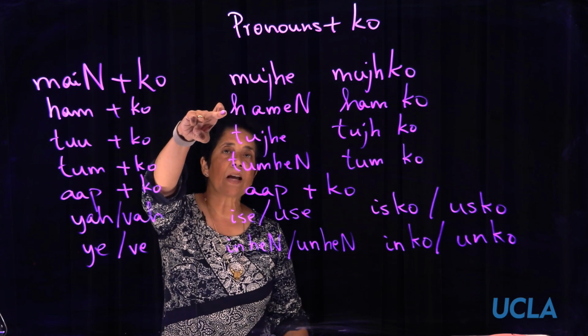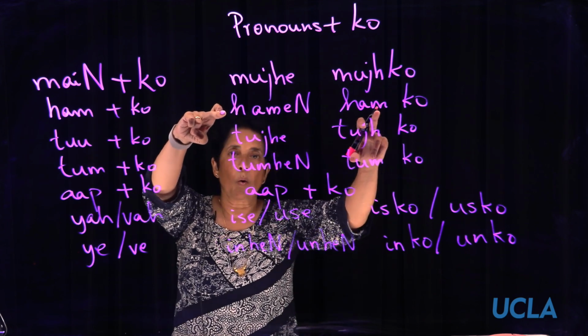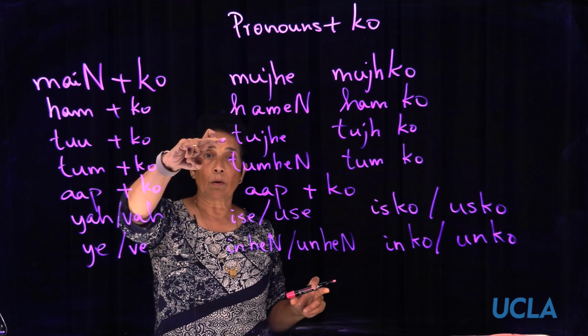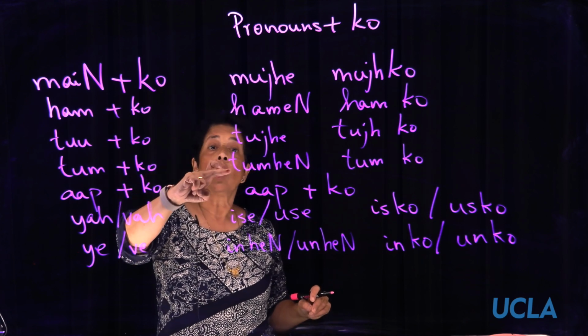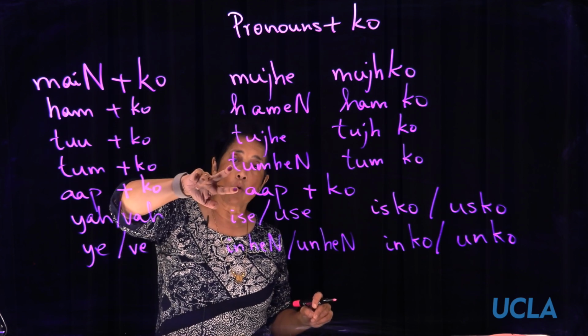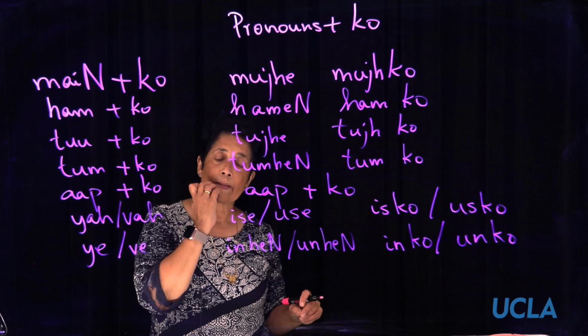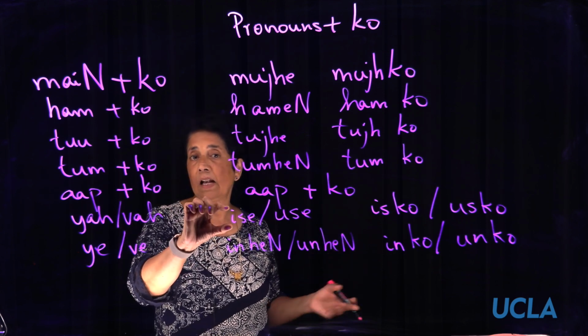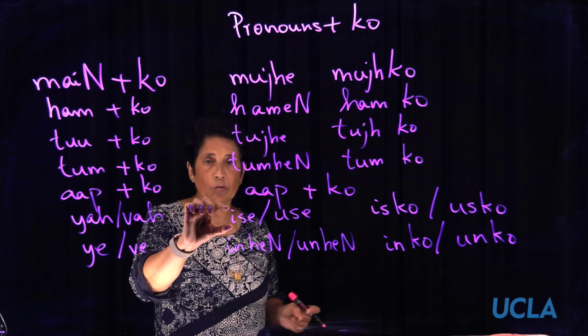हमें पानी चाहिए और हमको पानी चाहिए. Okay. तुझे क्या चाहिए? What do you want? Okay. तुम्हें क्या चाहिए? आपको क्या चाहिए? What do you want? The different forms. Okay. इसे पानी पसंद है. He likes water or she likes water.